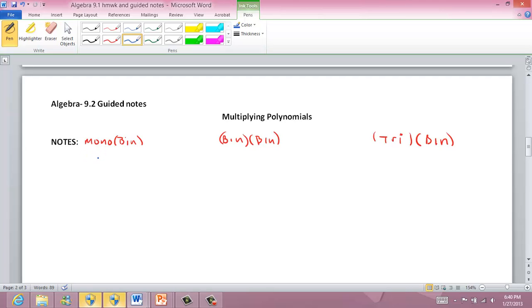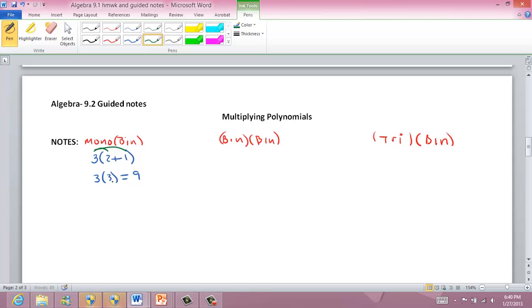If you remember order of operations, if I give you the problem 3 times (2 plus 1), our common math tells us to do what's in the parentheses first. So we would do 3 times 3, which would give us 9. But what happens if we cannot combine like terms inside the parentheses?